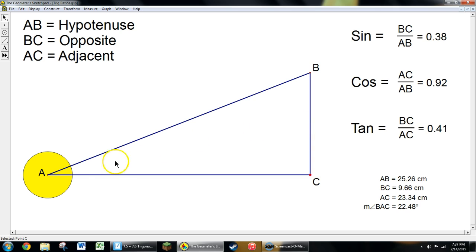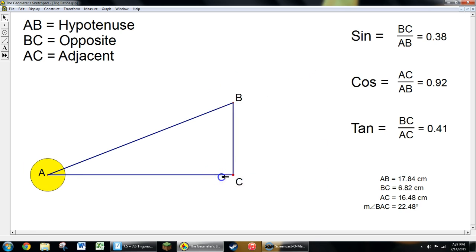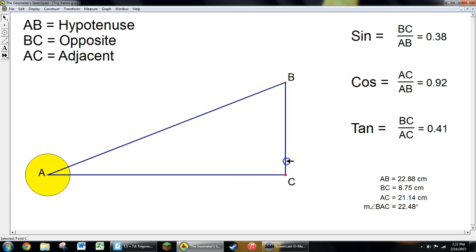That basically tells you that for a given value of theta, the trig ratios are locked in. And that's one of our properties of similarity. We can always compare the ratio of sides, and that ratio will be the same so long as the shapes are similar. When I click and drag on this, all I'm doing is creating a whole bunch of similar triangles, and it would make sense that these are locked in.